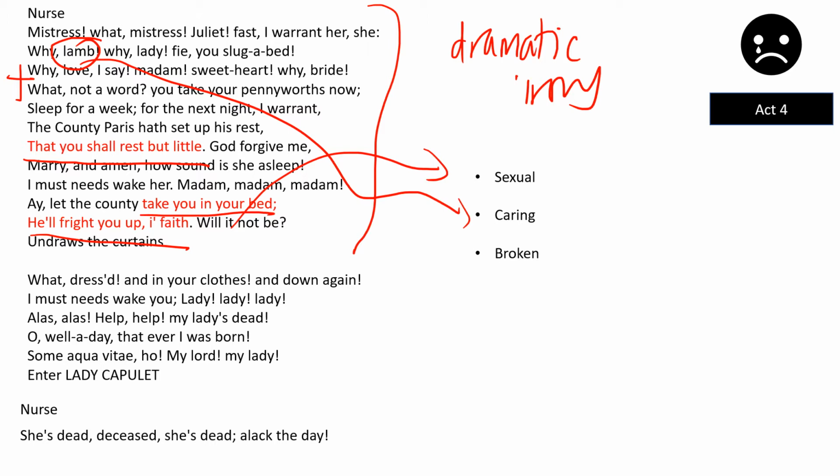So when she starts to realise what's happened, the way that she speaks changes completely. Now, she's a character that waffles a lot. She does. Okay, she gives anecdotes, she gives stories, she talks about other things. But then when she discovers that Juliet's dead, a character who's got so many things to say ends up saying very, very little.